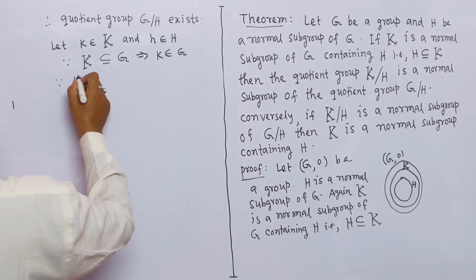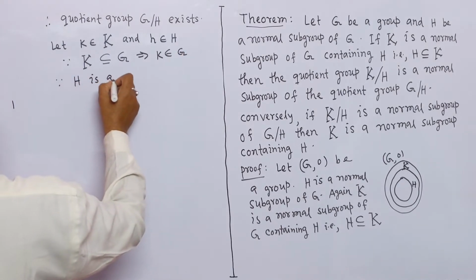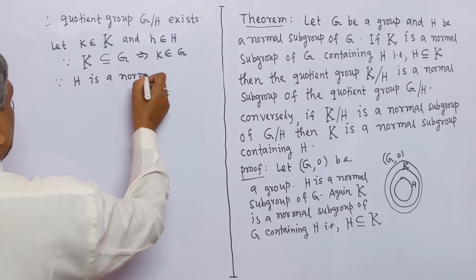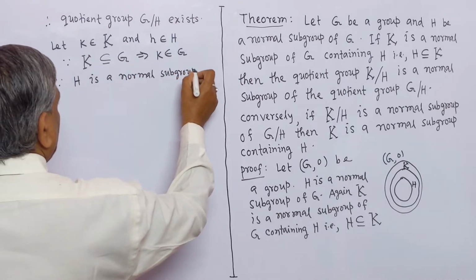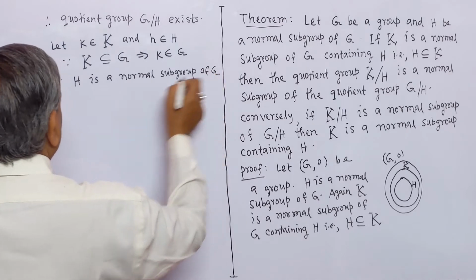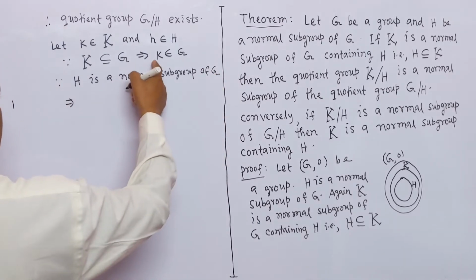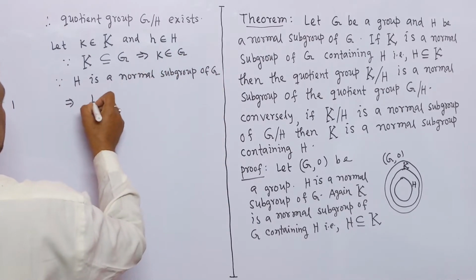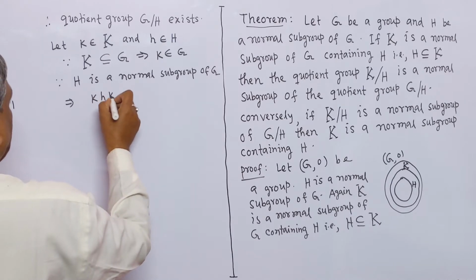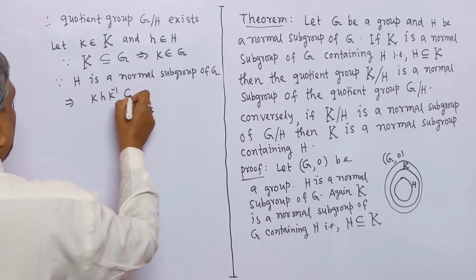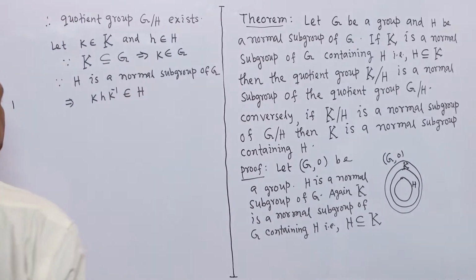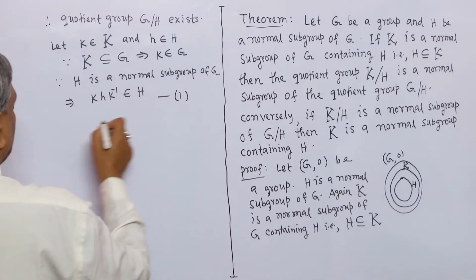Since H is a normal subgroup of G, implies that k h k inverse belongs to H. Let this be number 1.